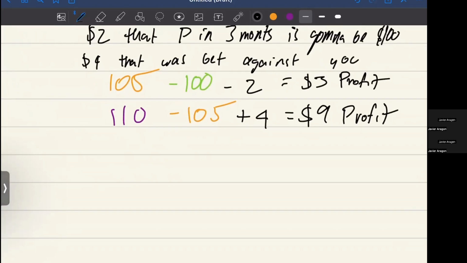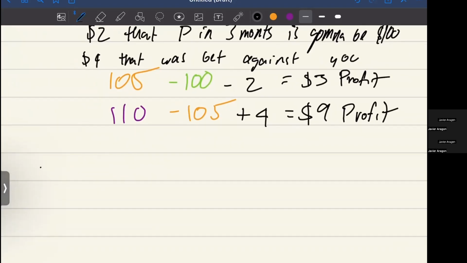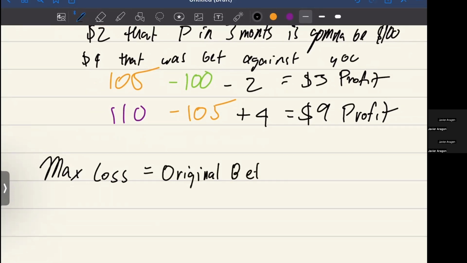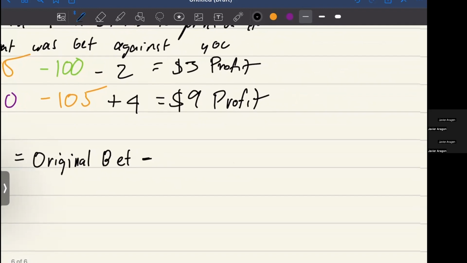Here's where we start looking at the max loss and the max profit. So your max loss would be your original bet, so let's put original bet minus the price of your second bet against.